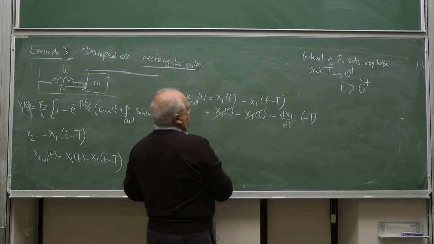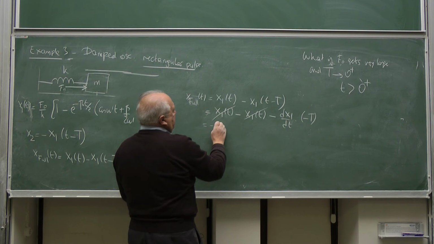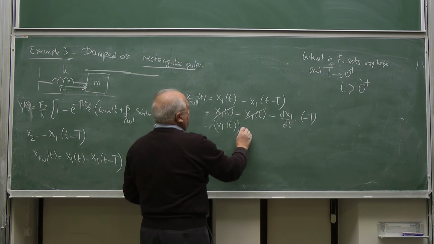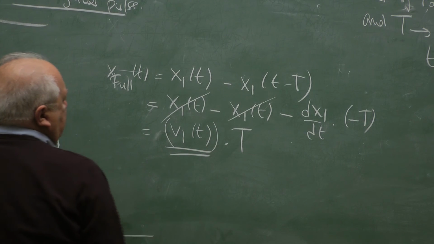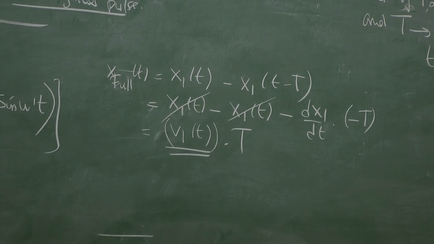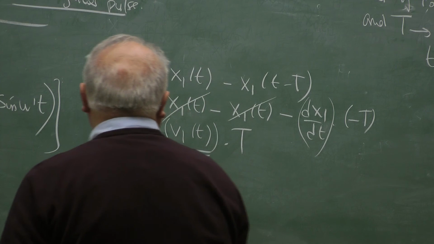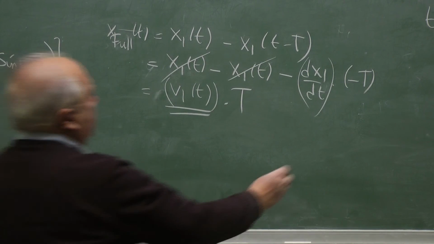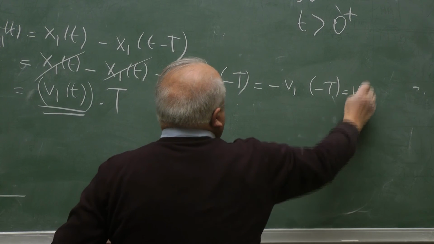So these things cancel, and it is minus v1 of t times minus t0, so it's plus v1(t) times t0. So all we need to calculate is v1(t), where v1 is dx1/dt.